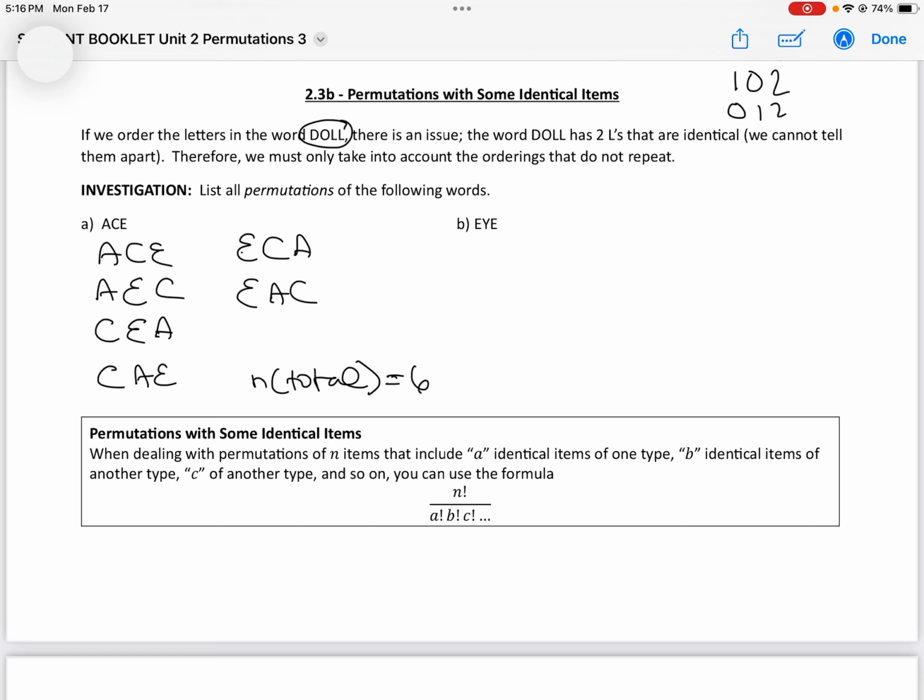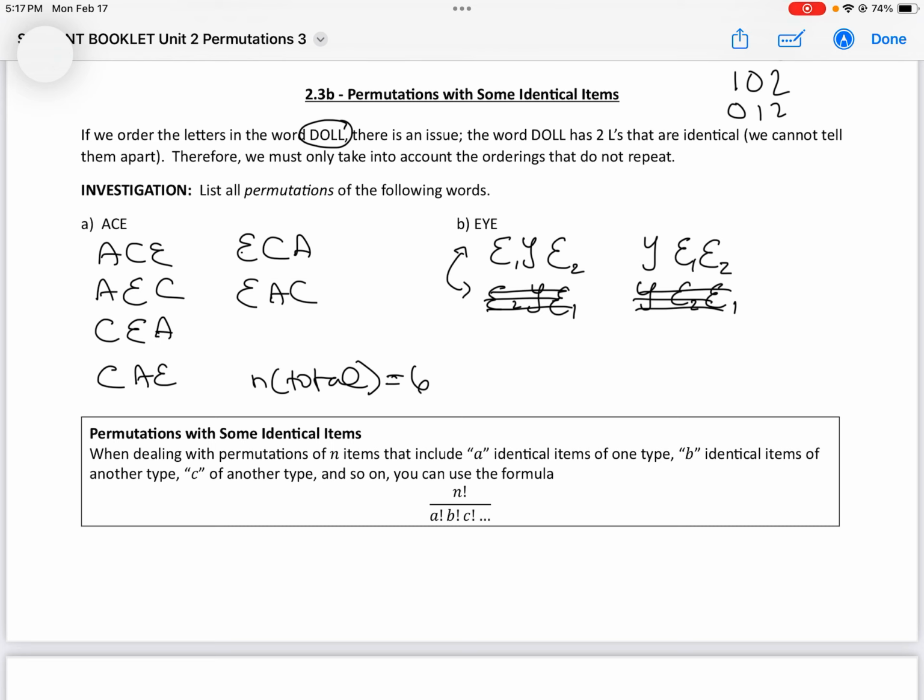But here's the issue. When we have I, we have the first E and the second E. But if we write this as I with the second E and then the first E, these 2 words we can't actually tell apart. So this is a duplicate. So it's not a unique permutation. Likewise, if we have YEE and YEE, but it's the first E, then the second E, and then the second E, then the first E, this second spelling is identical.